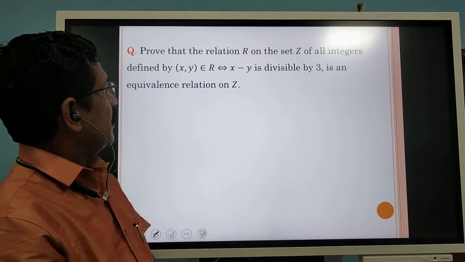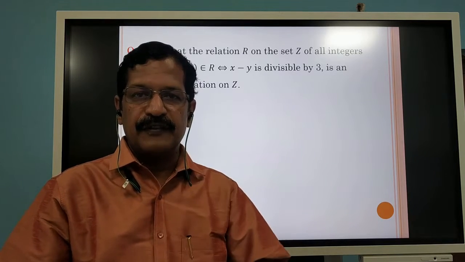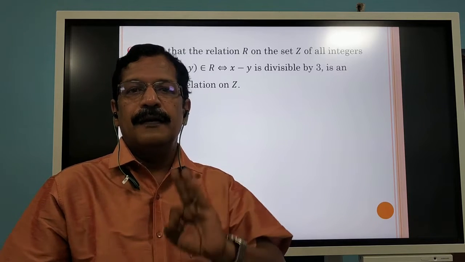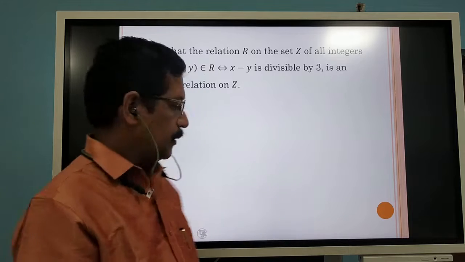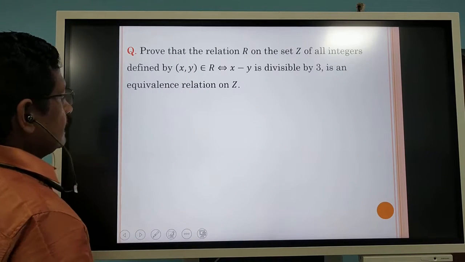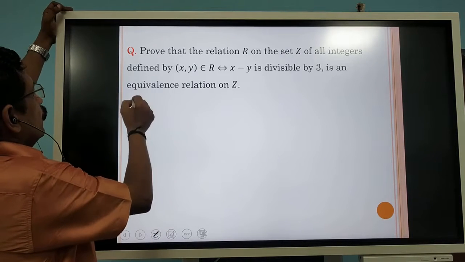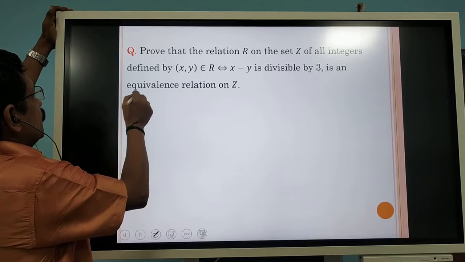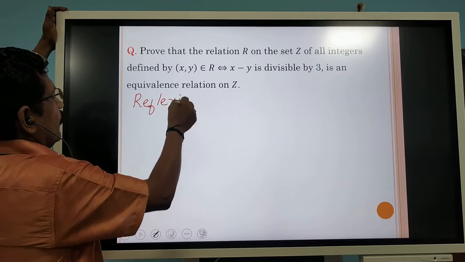So, to prove it's an equivalence relation, we have to establish the reflexivity, symmetricity and transitivity. Let us do one by one. So, I am taking the reflexivity case first. Reflexive.